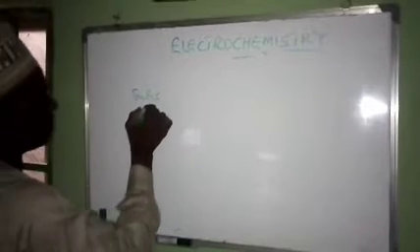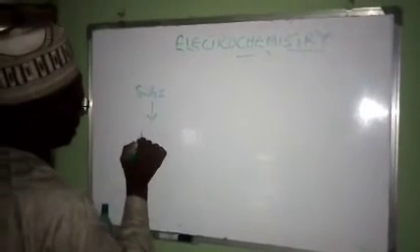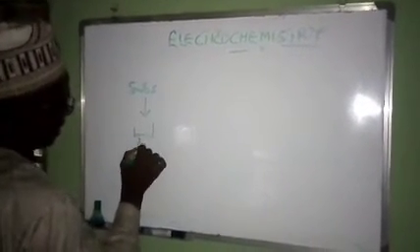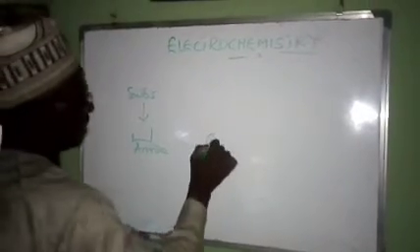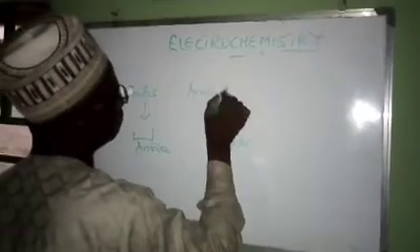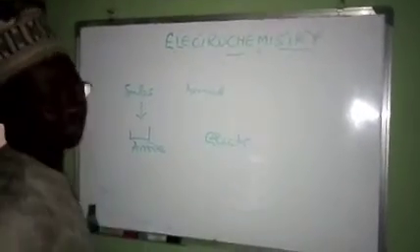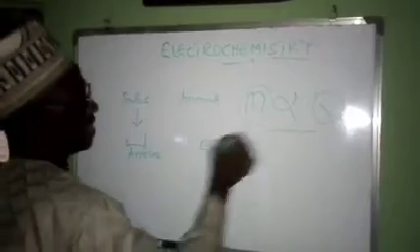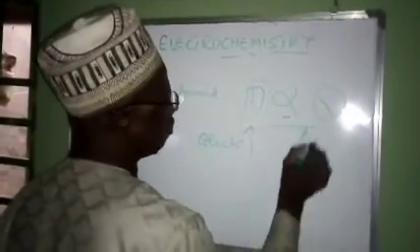That is, the amount of substance deposited at the electrode, either at the anode or at the cathode, depends on the amount of current passing through. The higher the current, the higher the quantity of substance you obtain at the various electrodes.